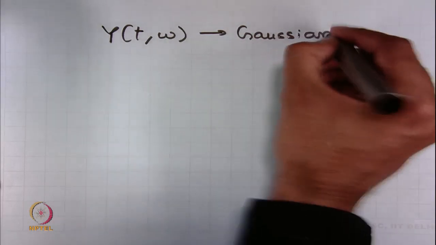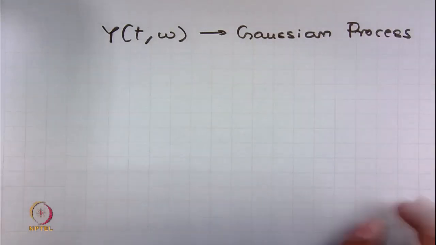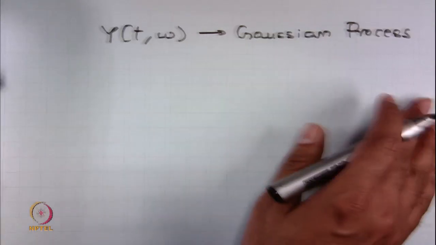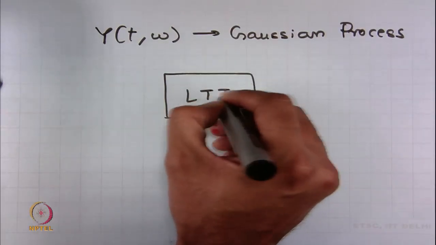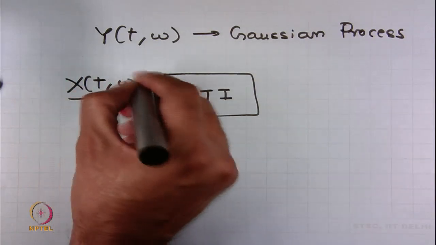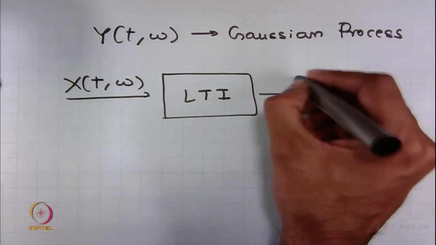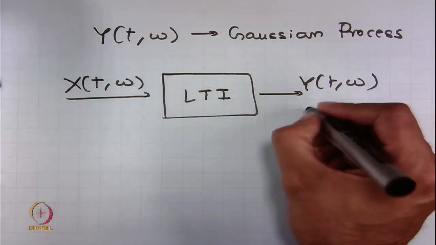That is a very important and useful observation: if you have an LTI system, a linear time invariant system, and you have a Gaussian process at the input of this LTI system, the output process is also Gaussian.